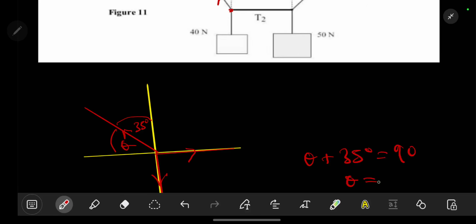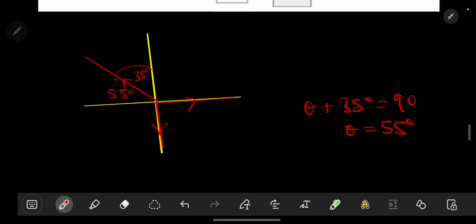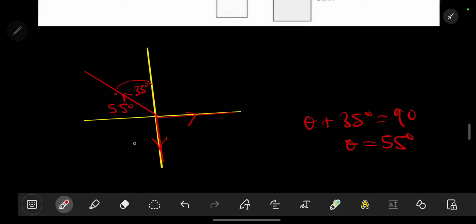If you do your math, theta shall be equal to 55 degrees. So we are going to get the 55 and put it here. Then we can now begin answering the problem for that part.